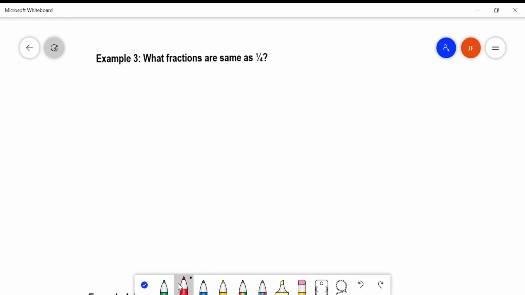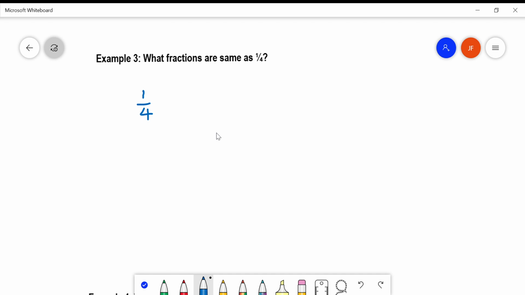So in this case, we are going to list some of the fractions that are the same as 1/4. But we cannot write all of them because there is an infinite number of fractions that are the same as 1/4.